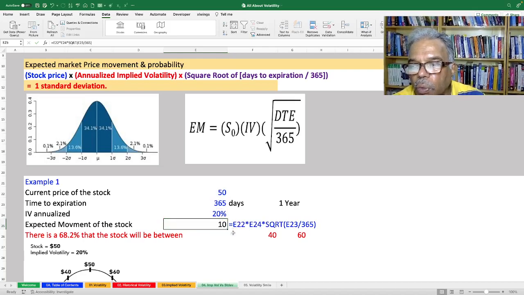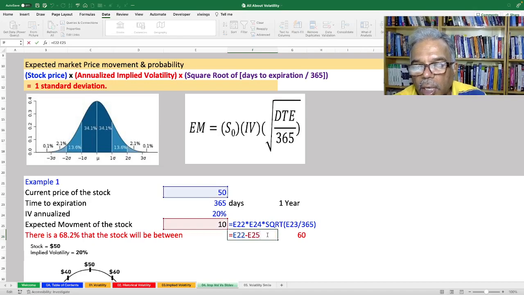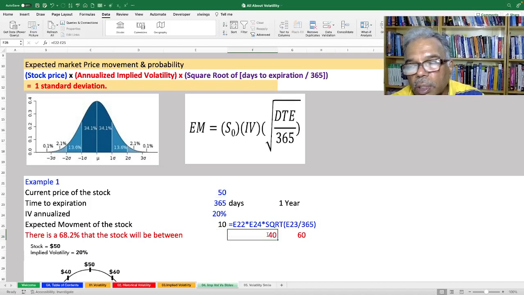So that will give you 10. So that means the expected movement is 10, and the stock can go minus 10 or plus 10. So that means the range will be 40 to 60.